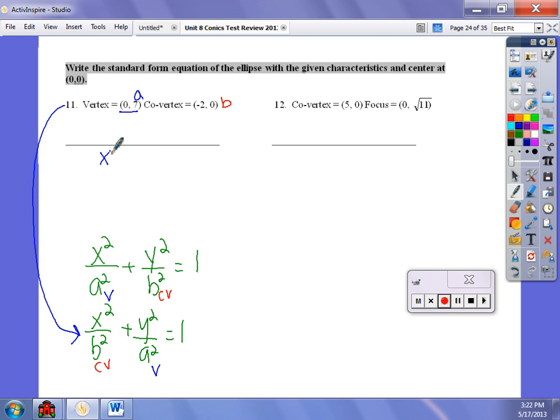So we're going to have x squared over 7 squared. Oops, backwards. Okay, so instead we're going to have x squared over negative 2 squared plus y squared over 7 squared equals 1.